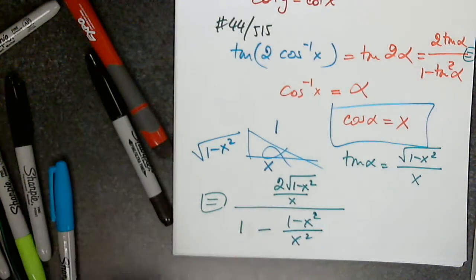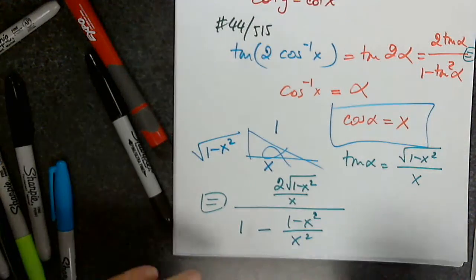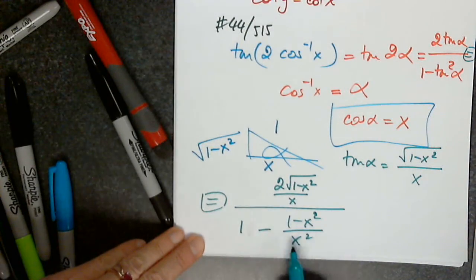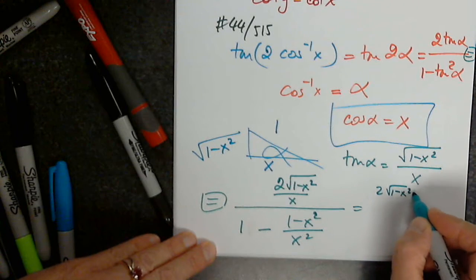Exactly. So this is still preliminary, right? This is not final because I have not simplified this complex rational expression. Okay? So I first have to do something here. LCD. Yes. So x squared.